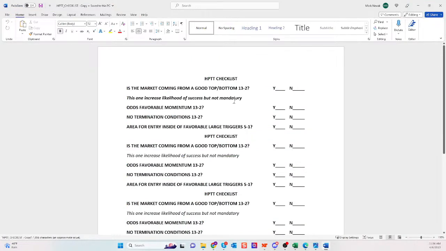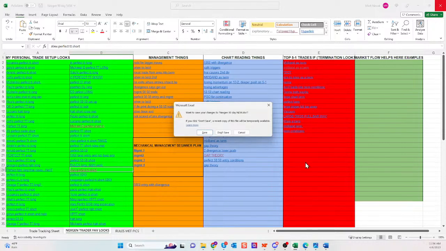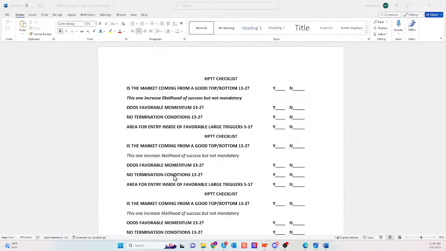And then you have to work. Then you have to go back and find these rules met and take a picture, and find these rules met and take a picture, and put all those pictures into a spreadsheet. And when you get to 100 of these pictures, well, then you can create a win-loss, right? Then you know, going back historically, how often they win and how often they lose.